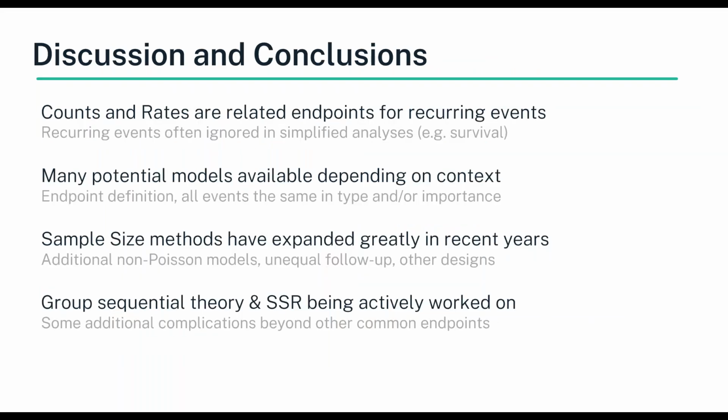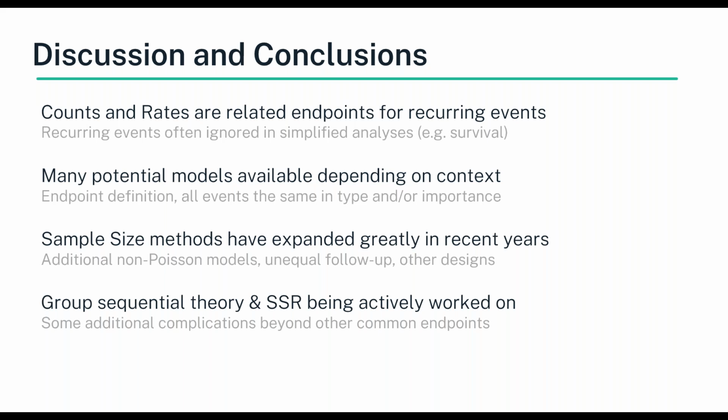Okay, so now I'll just quickly wrap up. The most important point to note is that counts and rates are related endpoints for recurring events, but these recurring events are often ignored in practice through simplified analysis.